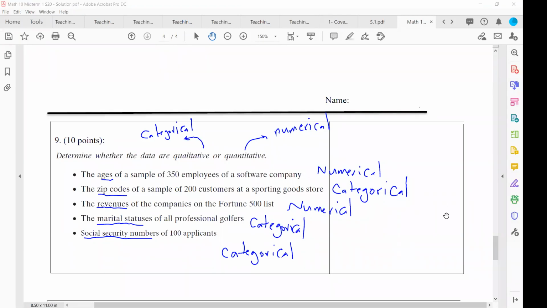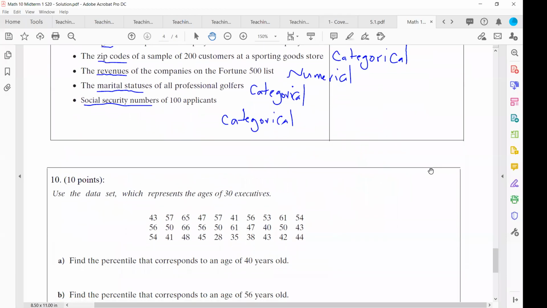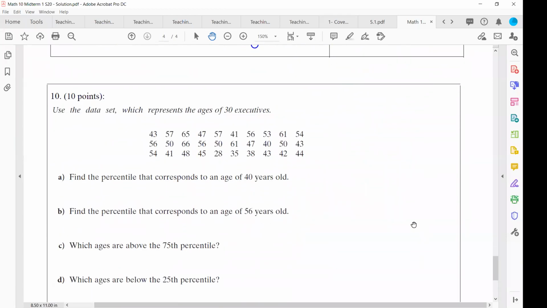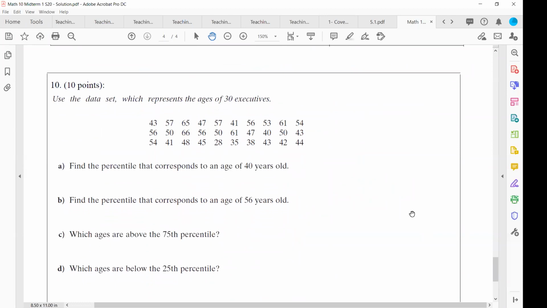Very well. Let us move on to the next question. Okay, here you have a collection of data. Part A says, find the percentile that corresponds to an age of 40 years old.